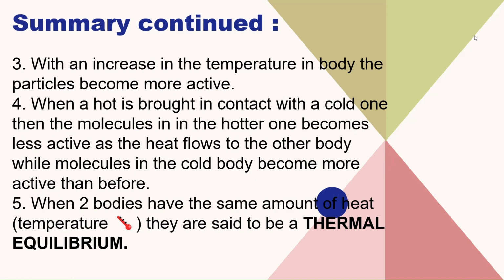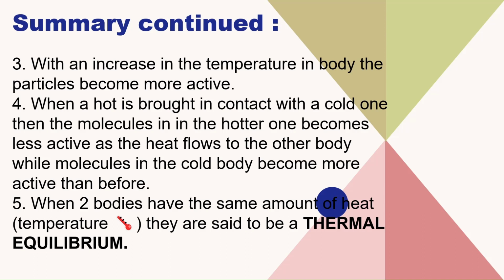With an increase in the temperature in the body, the particles become more active. So we just saw that when the heat transferred from body A to body B, the particles in body A started becoming less active, and the particles in body B are now more active and start bouncing against each other, and now they both have the same temperature.